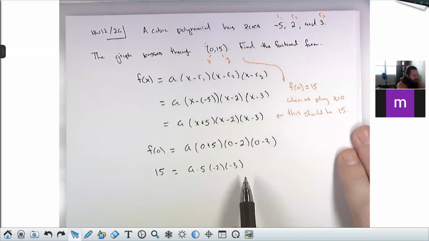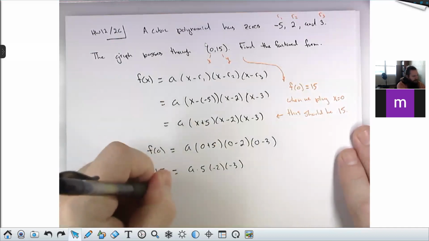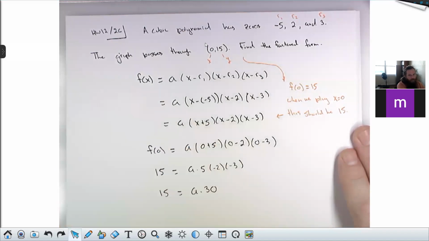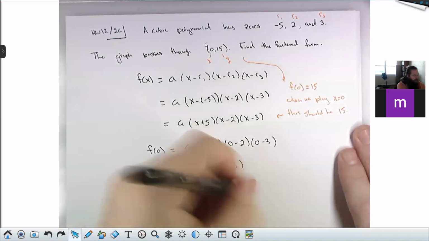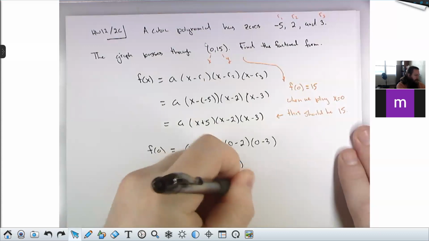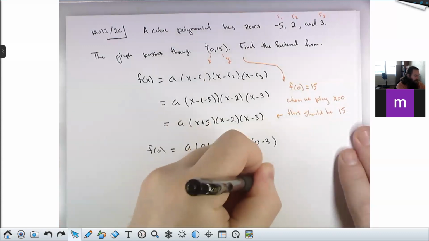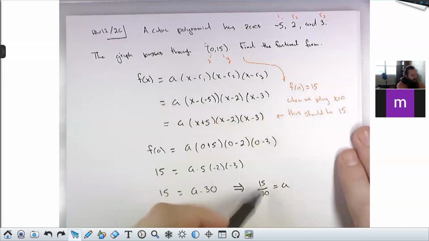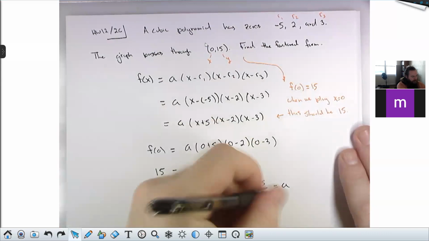So what do we have here? 5 times -2, that's -10, times -3 is positive 30. So this is 15 equals a times 30. And then if I divide both sides by 30, I'll write it like this, 15 over 30 equals a. But 15 over 30 is the same as 1/2.